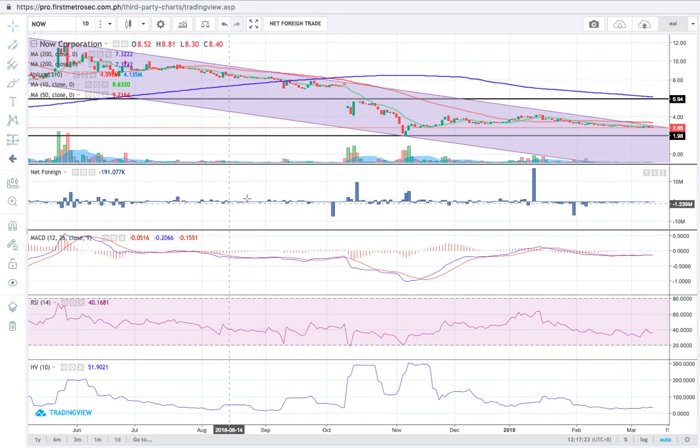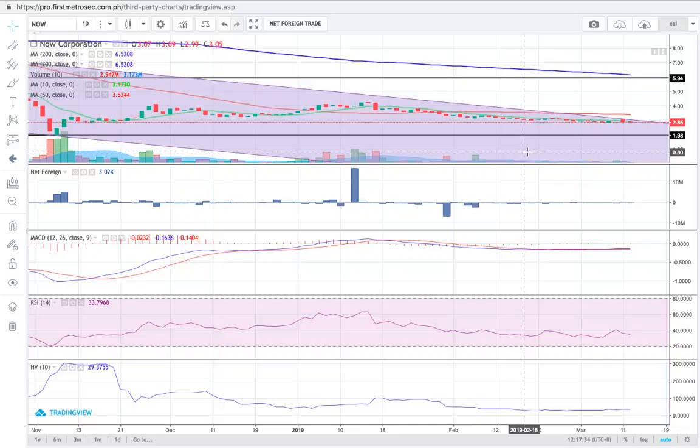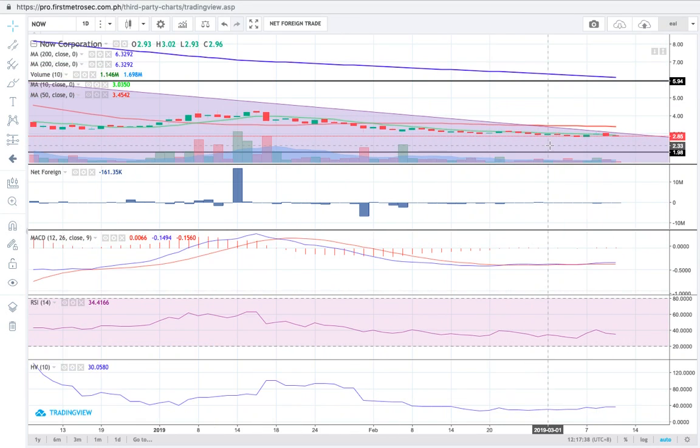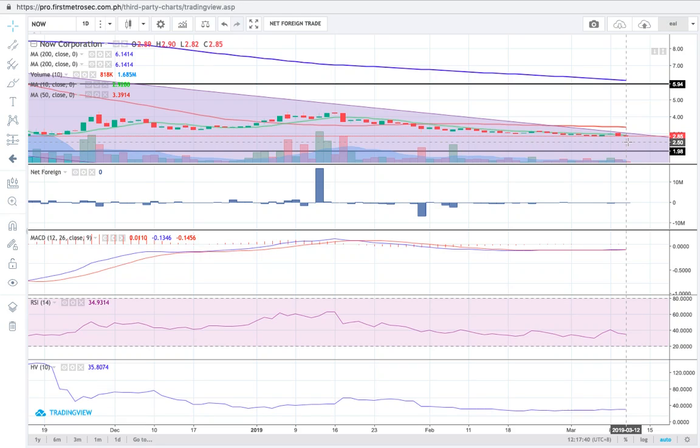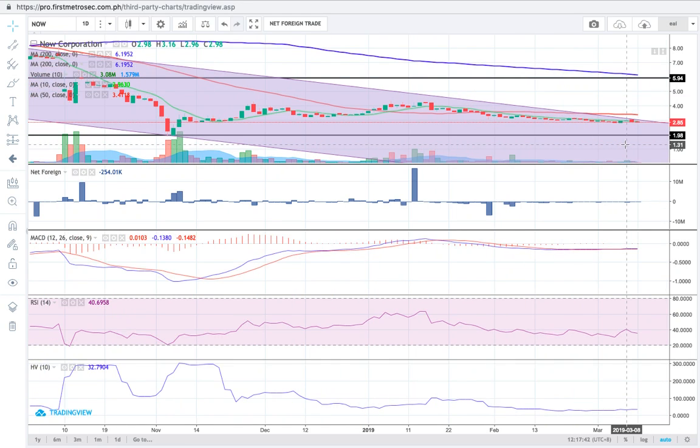Okay. Now, my overall sentiment on Now Corporation is bearish. It's not neutral to bearish, but completely bearish, because I don't see any reason yet to be neutral in my sentiment, because of the absence of significant daily volumes.